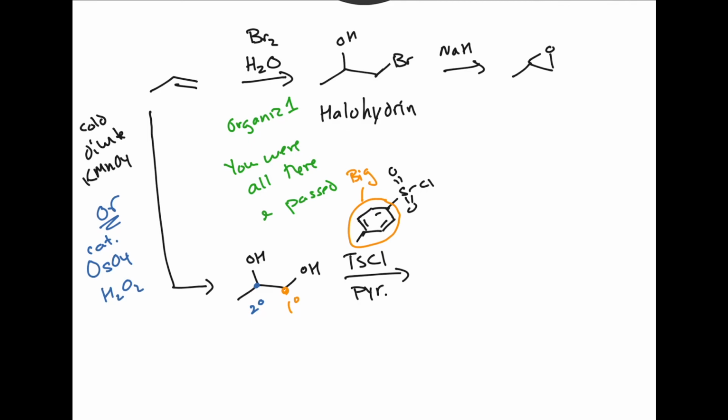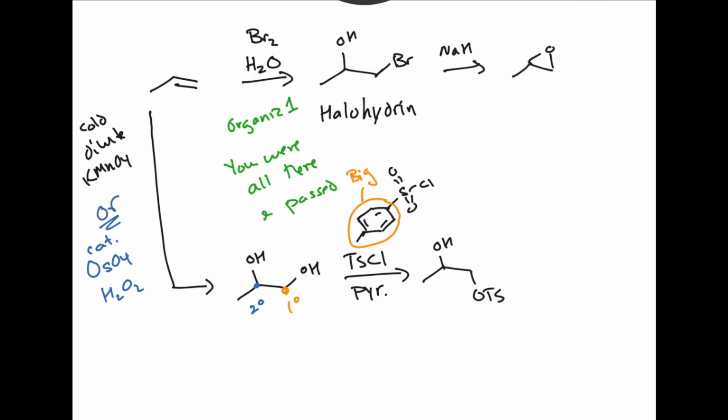There's less around it. So if you use tosyl chloride to make your alcohol into a leaving group, you're going to end up putting your tosyl group primarily or exclusively on the primary alcohol because it's easier to get to.